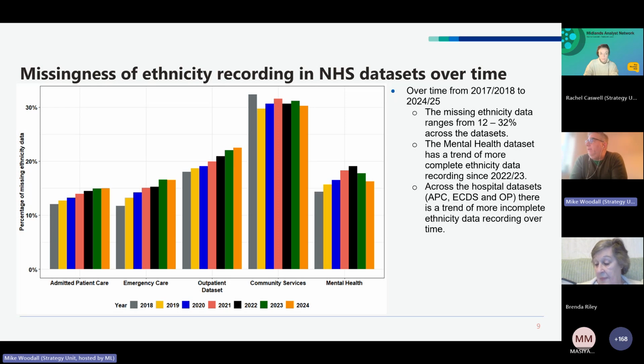For CSDS, it's constant, but it is worse than all of the other data sets. The mental health data set was getting worse year on year, but it's starting to move back, so the mental health services data set is starting to improve in terms of ethnicity recording.